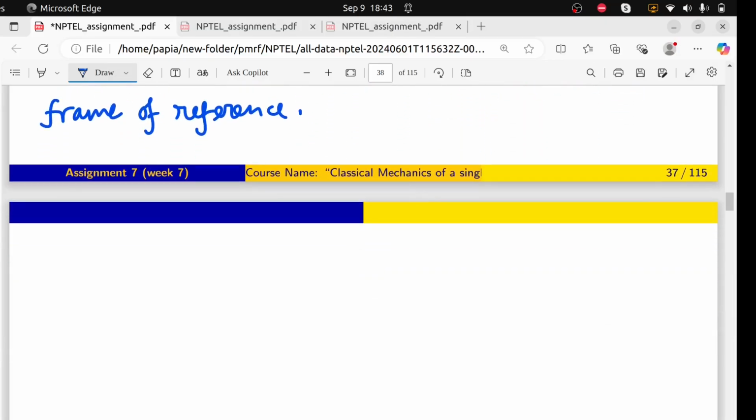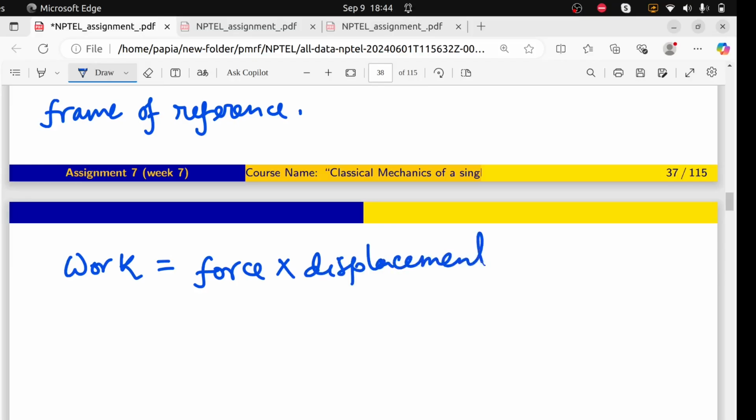Now, work is what? Work is force and displacement, right?